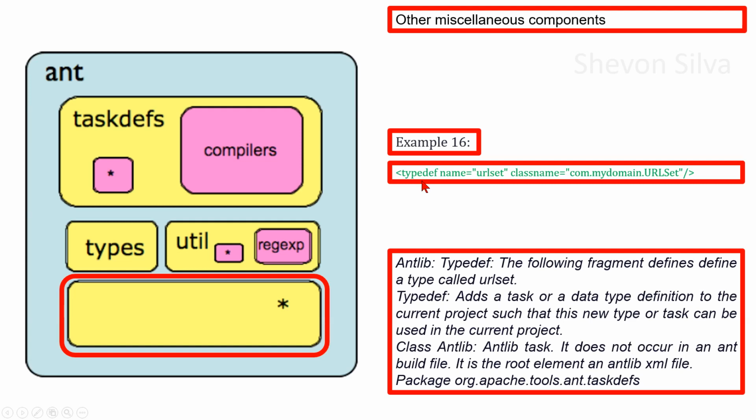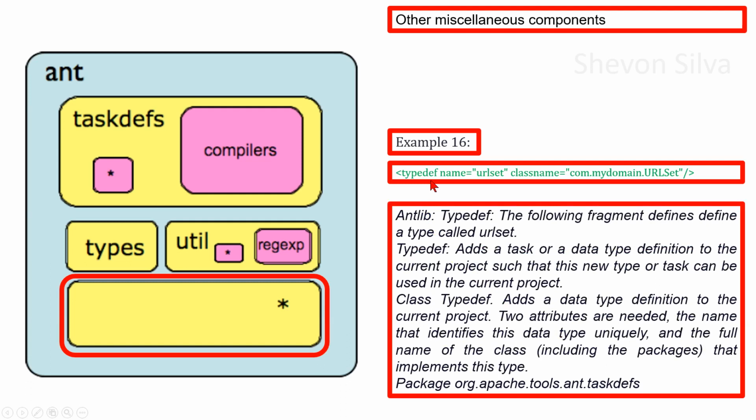With regard to API, we can consider class typedef, which adds a data type definition to the current project. Two attributes are needed: the name that identifies this data type uniquely and the full name of the class, including the packages that implement this type.